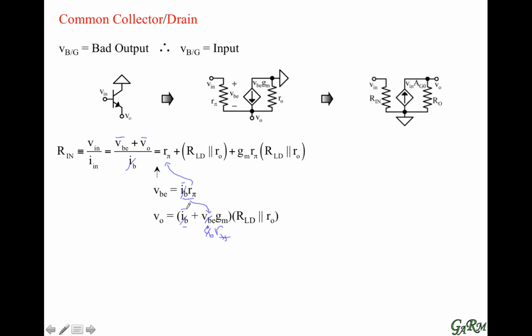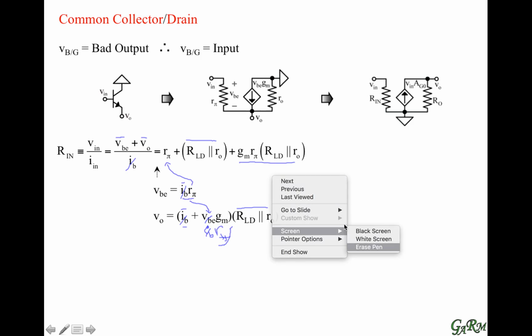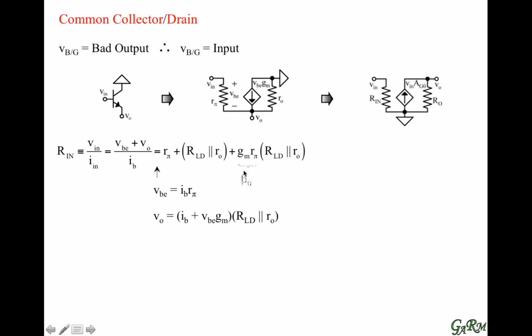Then we have 1 times the parallel combination of the load resistance and little ro, that's the second term. And then we have gm R pi times the same resistance, and that's the third term right here. Here we can make some observations. Remember R pi is beta times greater than 1 over gm, so gm R pi is just beta.